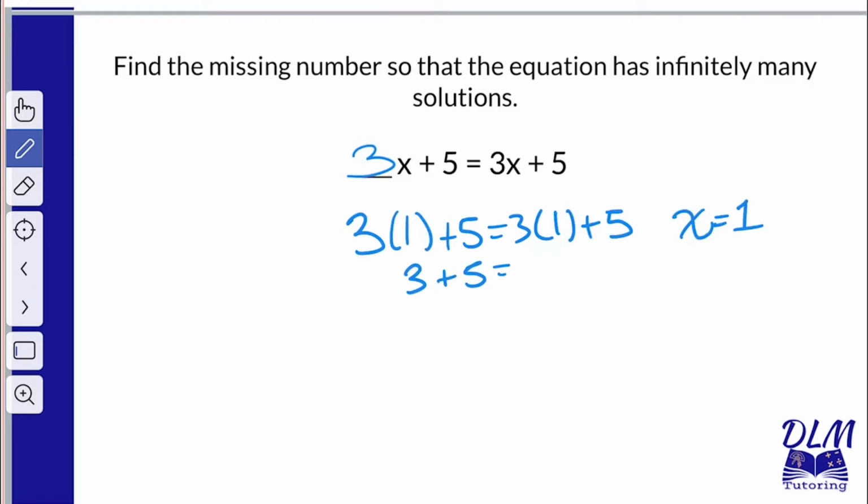And I have the same thing on this side. 3 times 1 is 3 plus 5. But now, when I solve this, I end up with 8 is equal to 8. This is true, so my solution works where x is equal to 1, or x is equal to any value.